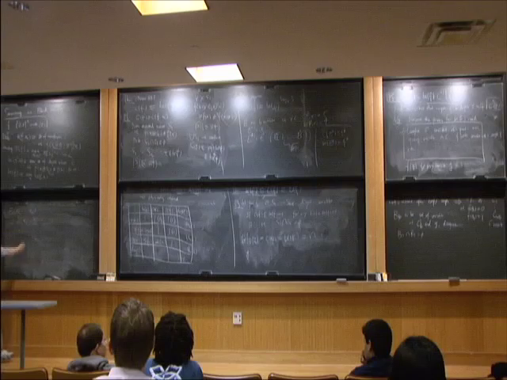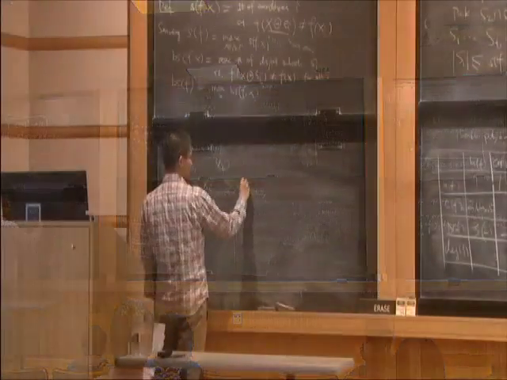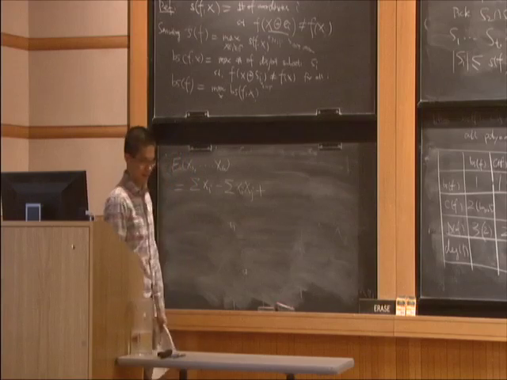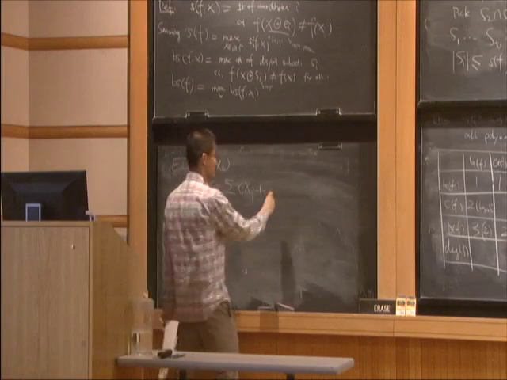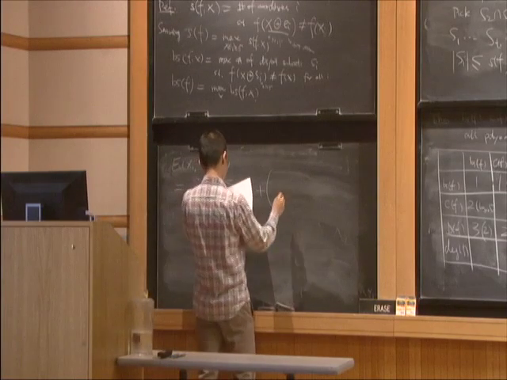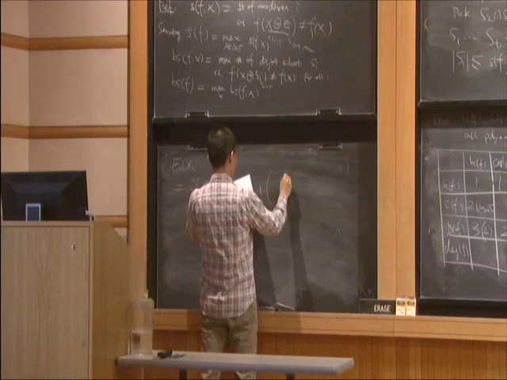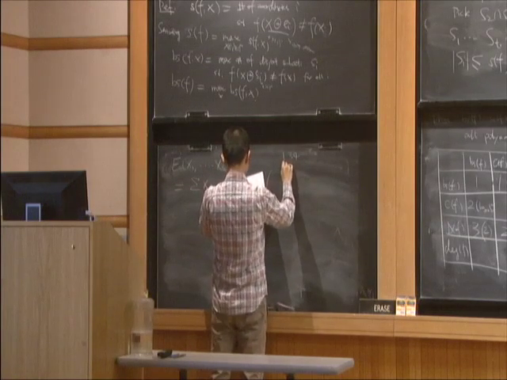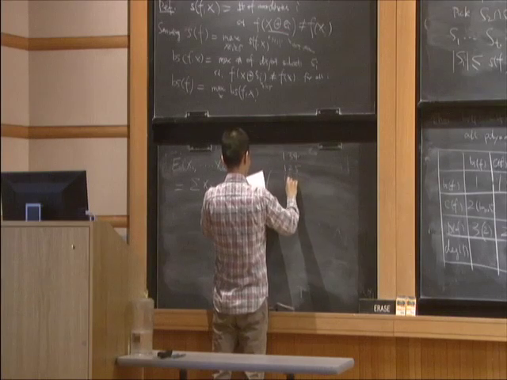So the sum of si minus the sum of the pairwise products plus the sum of 10 terms, which are degree 3. I'll just write them down. 1, 3, 4, 1, 2, 5, 1, 4, 5.